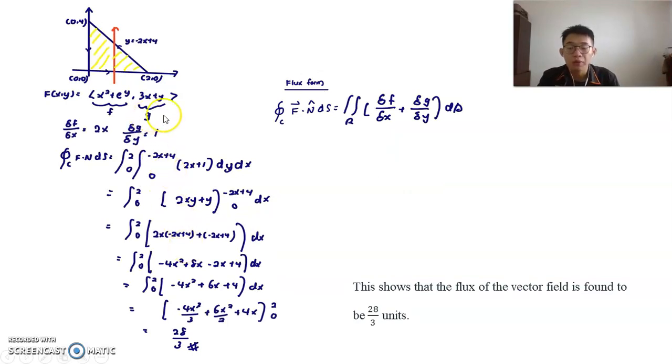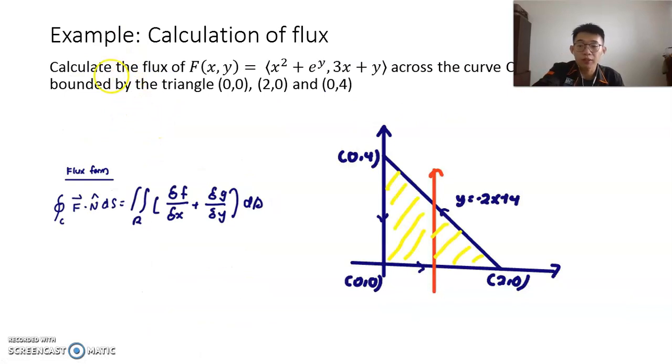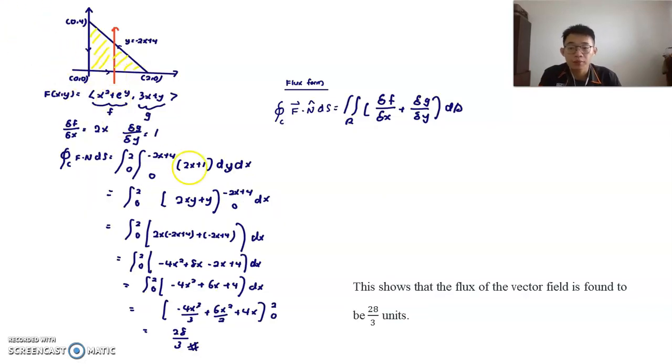First of all, we have to choose the f and g for the given flux vector. So for this question, we are going to choose x squared plus e^y as our f and 3x plus y as our g.